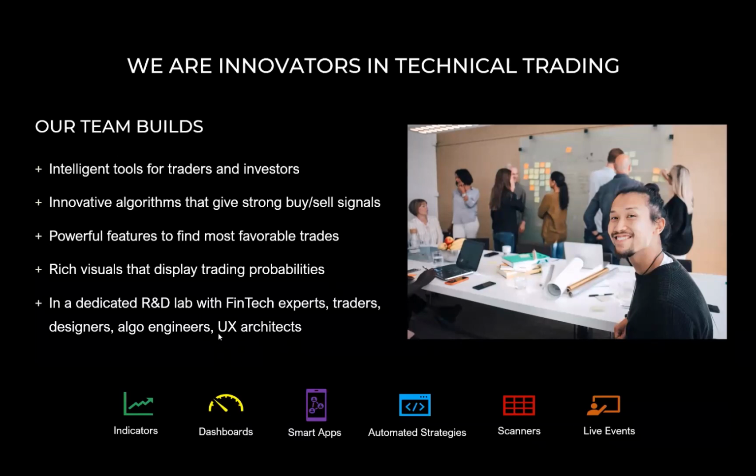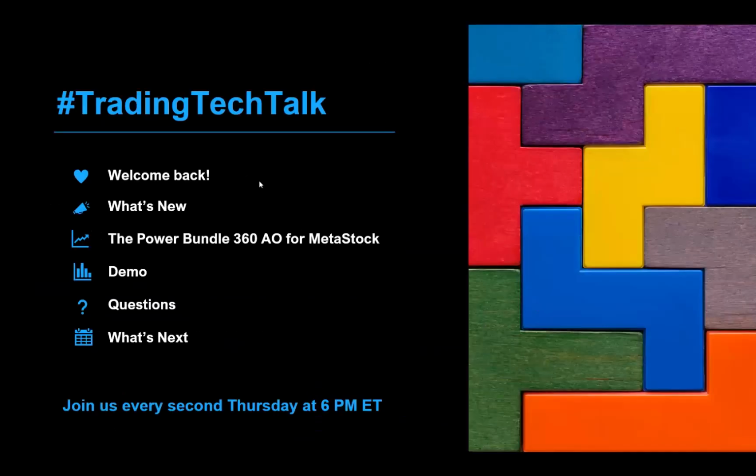All right, so a quick outline of what we have planned today. I'm going to cover real quick, just after this, what is new at Trading Indicators. A couple of exciting things have happened in the last 2 weeks. And then we're just going to dive into the topic at hand, which is our Powerbundle 360 AO. AO stands for Auto Optimization for MetaStock.